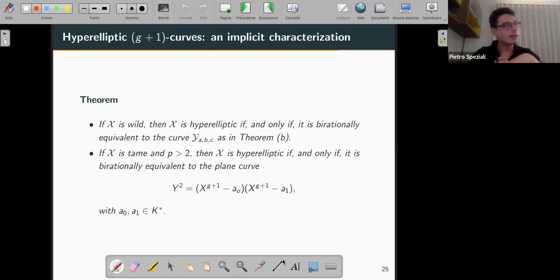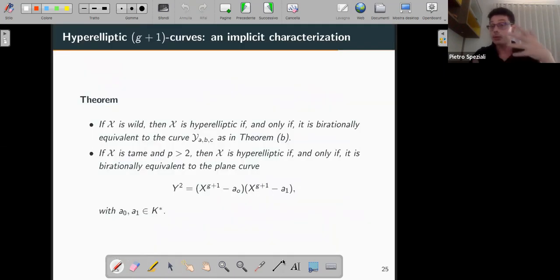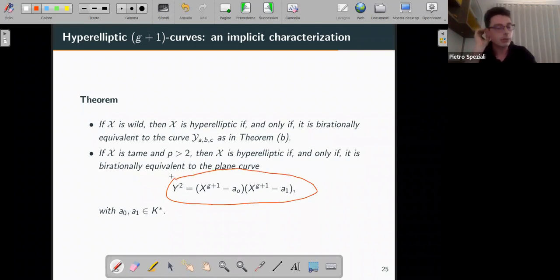Then, this is classical as well. You have a huge family of curves, because it depends on a lot of parameters here. So you may want to characterize the hyperelliptic ones within your family; this is classical again. Based on the information about the automorphism group, first we gave an implicit characterization, meaning that if it's hyperelliptic, it must be isomorphic to this curve you can see here: Y squared equals (x to the G plus 1 minus a0)(x to the G plus 1 minus a1).